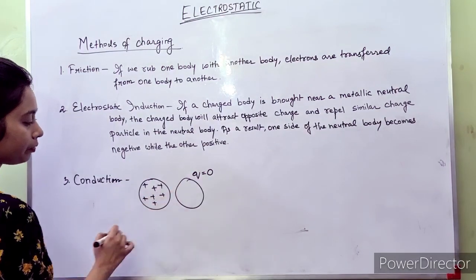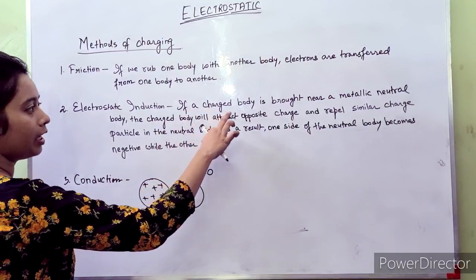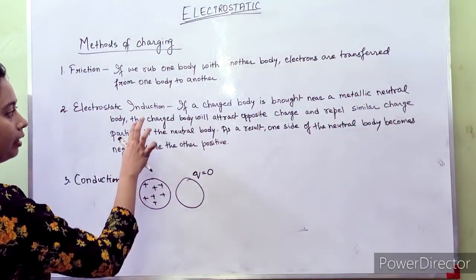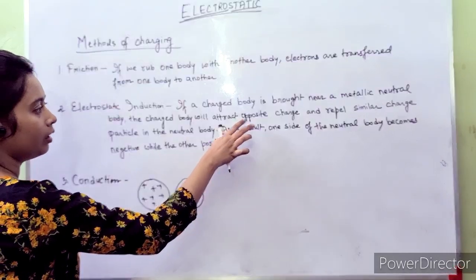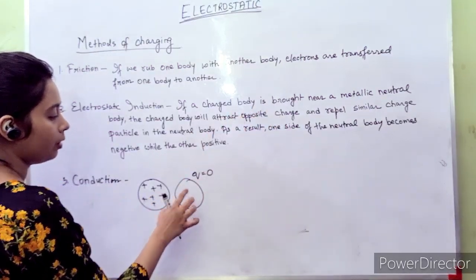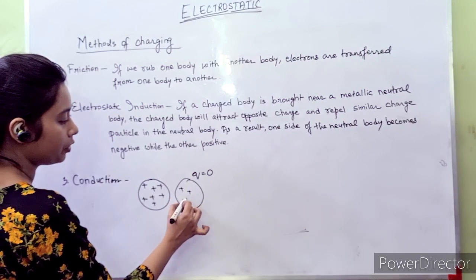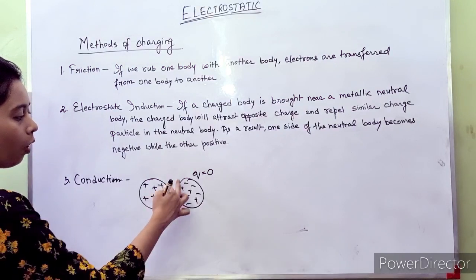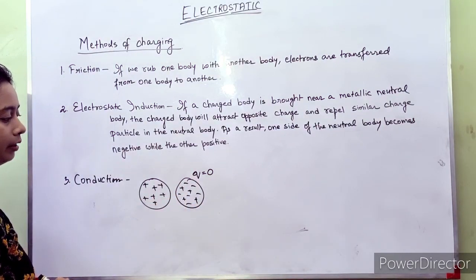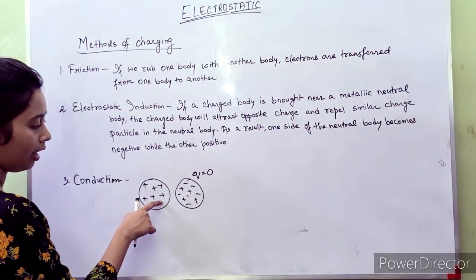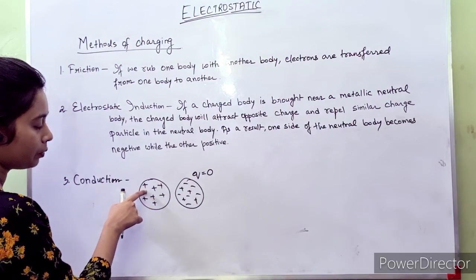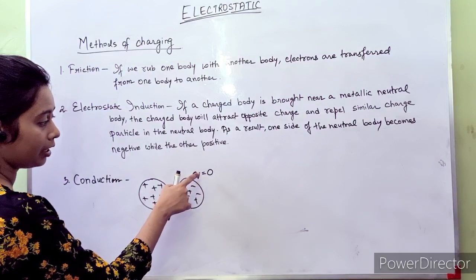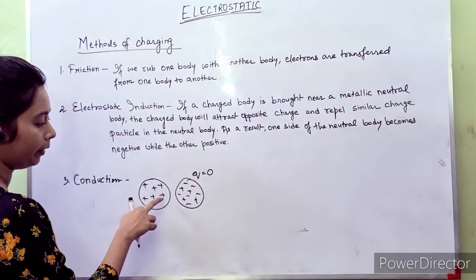Then what will happen if a charged body is brought near a metallic neutral body? This is the neutral body. The charged body will attract opposite charge. Here neutral body means it has positive charge as well as negative charge, all distributed uniformly. Now when I bring this positively charged body closer to the neutral body, what will happen?